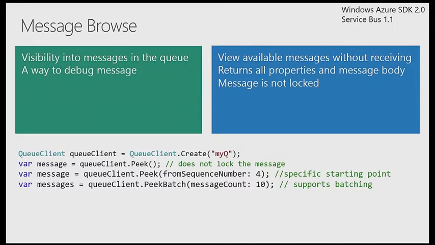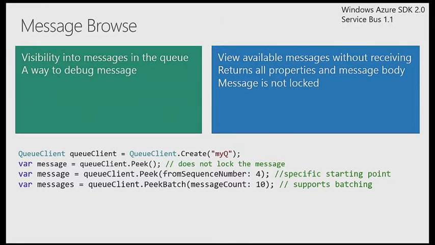A good friend of ours, whom I will keep reminding, Paolo Salvatori, has his Service Bus Explorer tool, where you actually go and he used this feature to implement a fix and resubmit. There is only one caveat to this implementation. There is a little feature missing, which is if I fix the message I want to delete by a message ID, this will come hopefully soon. So this is a great feature to debug your application.